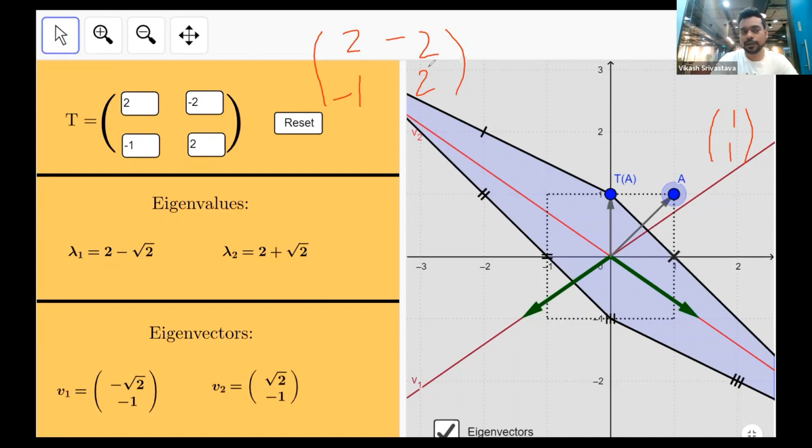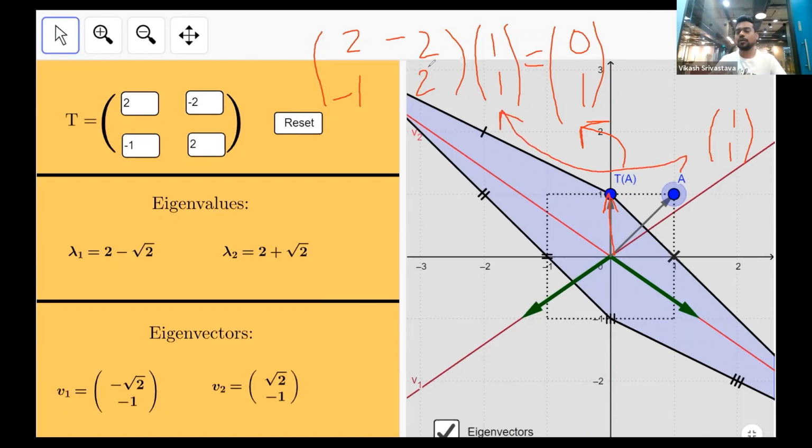I multiply this matrix with this vector. So 2 into 1 plus minus 2 into 1, that is 0. Minus 1 into 1 plus 2 into 1, so this is (0, 1), right? This is the transformed vector. So T of A is essentially this transformed vector, and A is the vector on which we are applying this transformation.